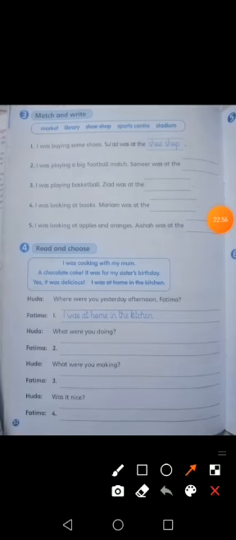Here we have words. Match and write. Market, library, shoe shop, sports center, and stadium. Okay, student? So market, the place where we go to buy things. المكان اللي بنروح عليه حتى نشتري أشياء منه.